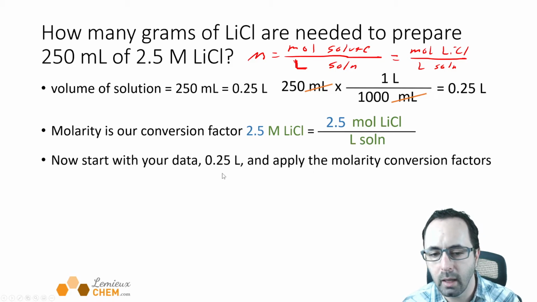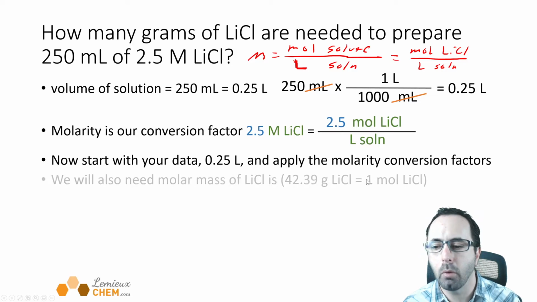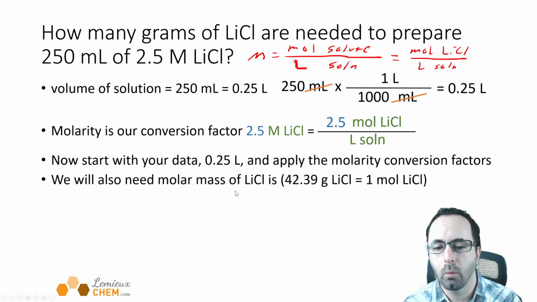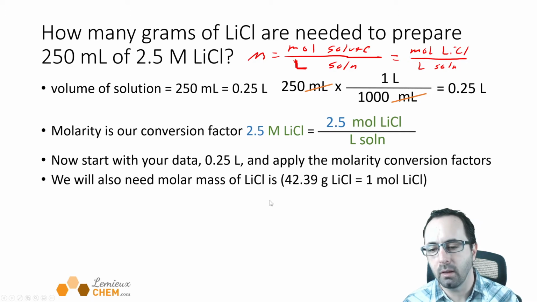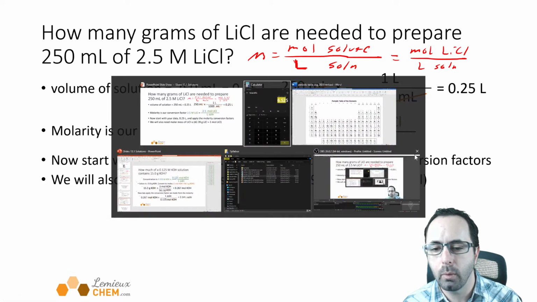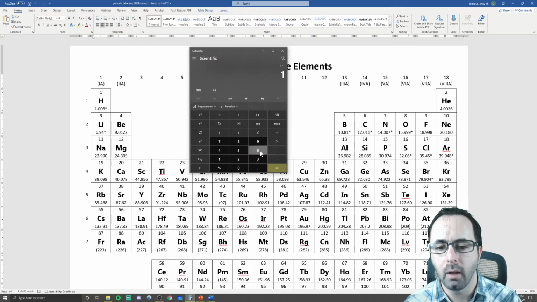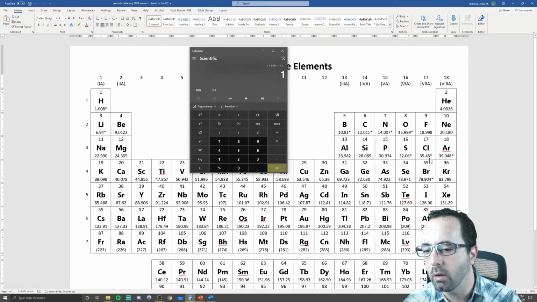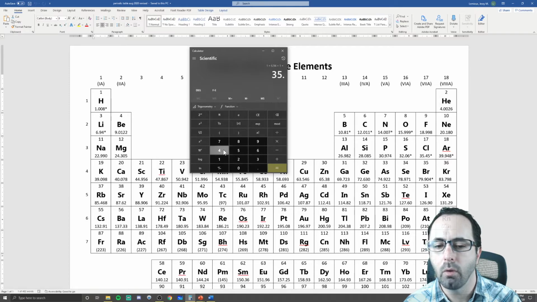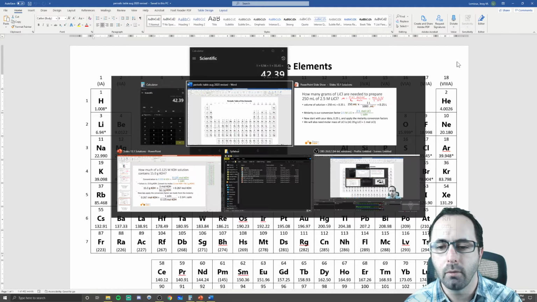So start with your data, 0.25 liters, apply the molarity conversion factor. We're also going to need the molar mass of lithium chloride, okay? This is gotten from 1 mole lithium, 1 mole chlorine. We can go to our periodic table and just add these up. It would be 1 times 6.94 for lithium, plus 1 times 35.45 for chlorine, and we get 42.39 for the molar mass.